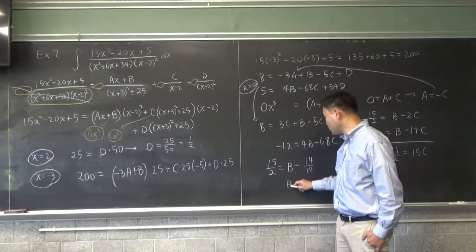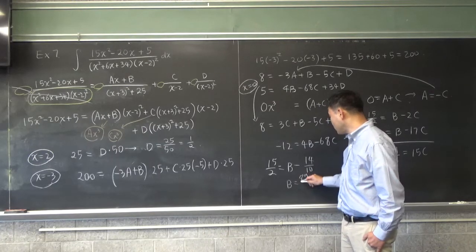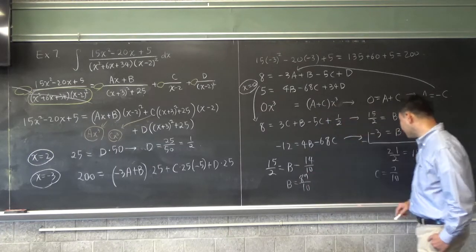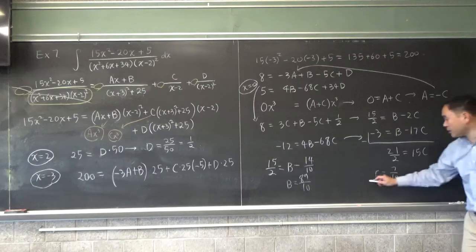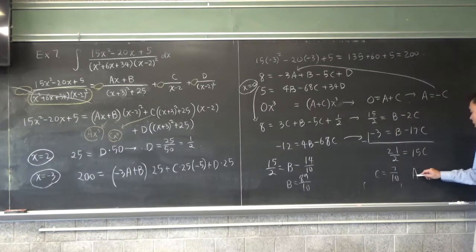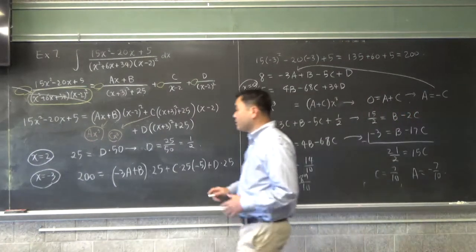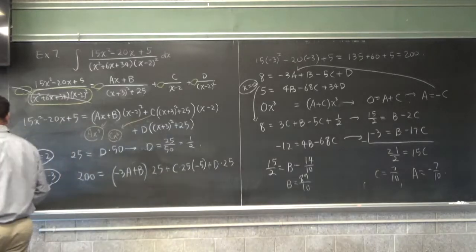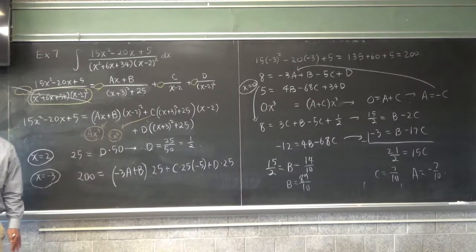So b is equal to 89 over 10. C is 7 over 10. And then a is negative of c, so it's negative 7 over 10. Okay, so we got all our coefficients. Are we done? Is that the answer?